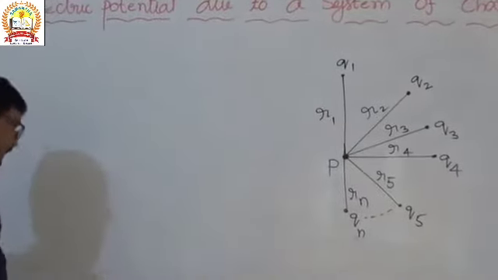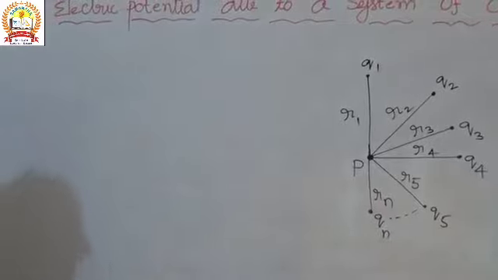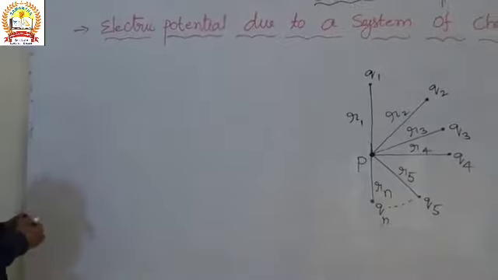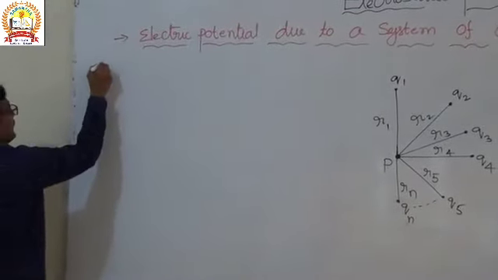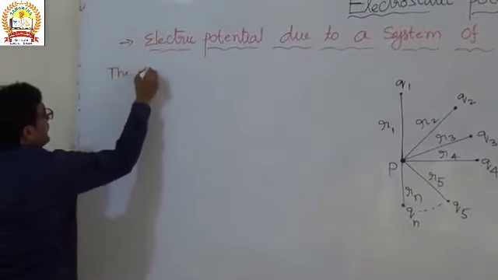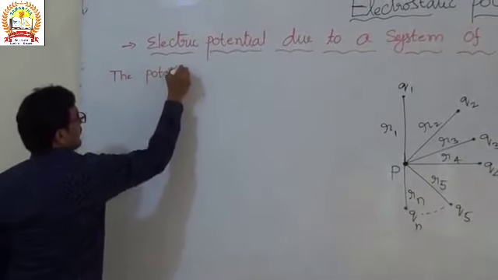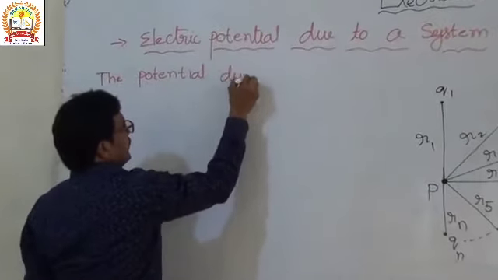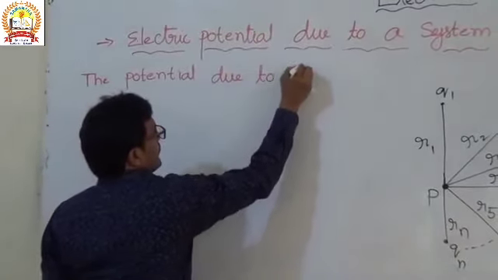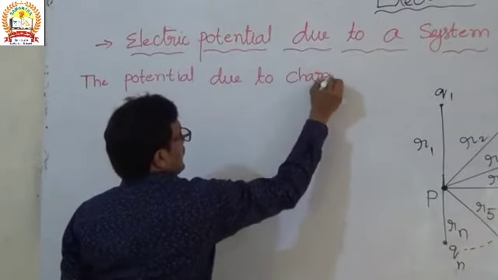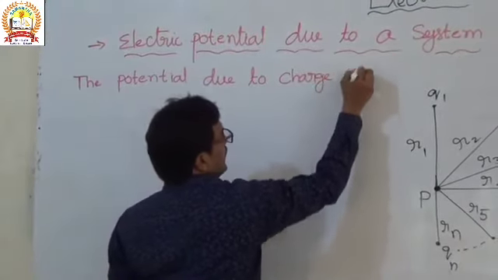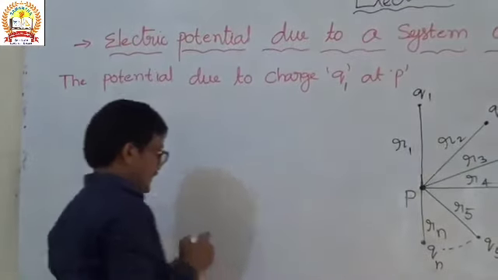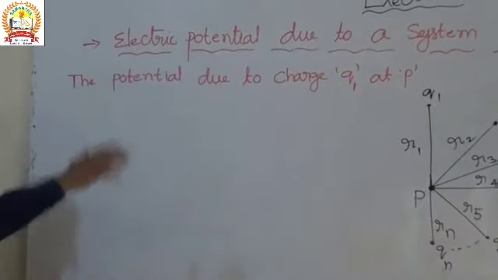So now we take the potential due to charge Q1 at point P. To get that, we consider n number of charges.